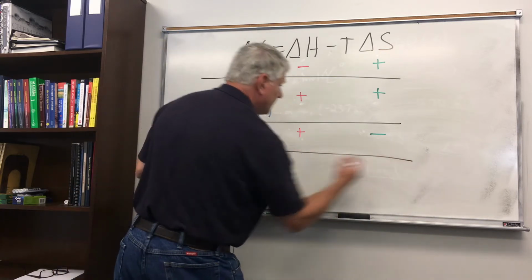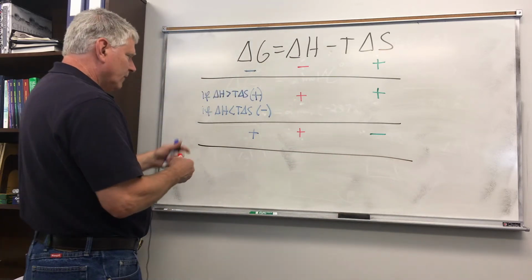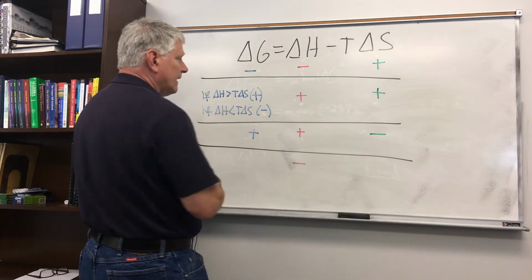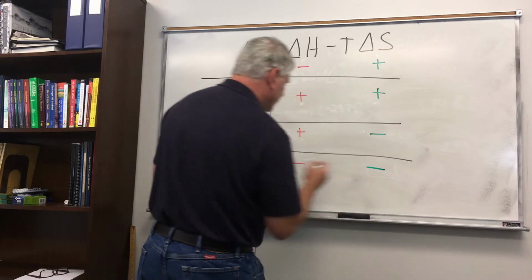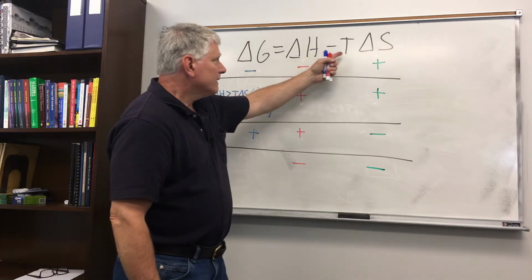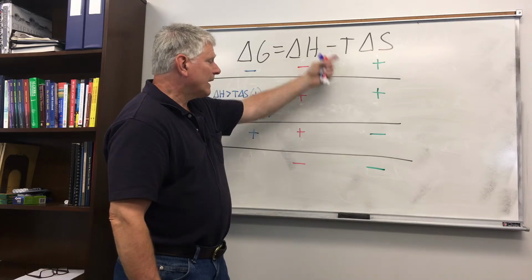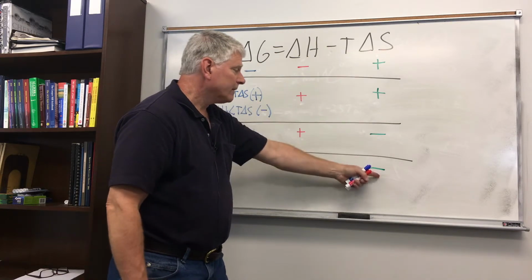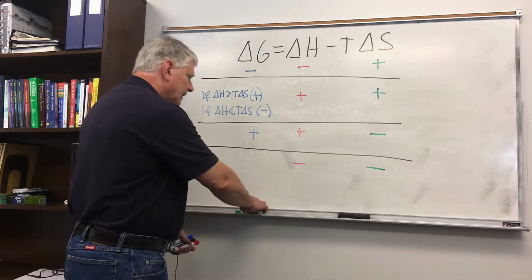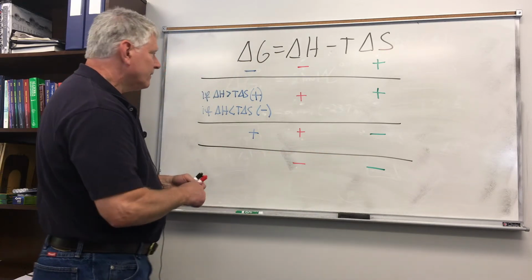Then our last example, say delta H is negative and delta S is negative. So now delta H is negative, but T delta S is negative, so we're subtracting a negative, so that will make this positive. So now we have a negative and a positive. And when we add those two together, it depends upon the relative magnitudes.